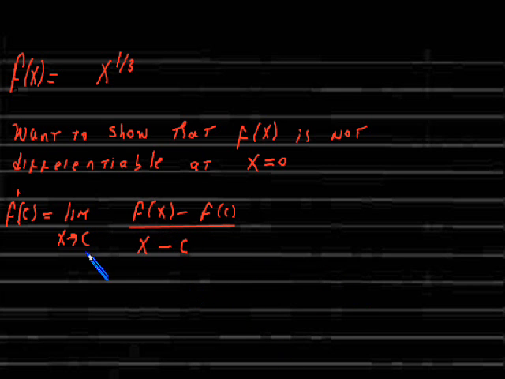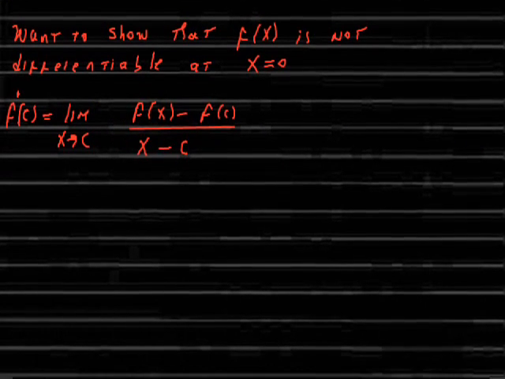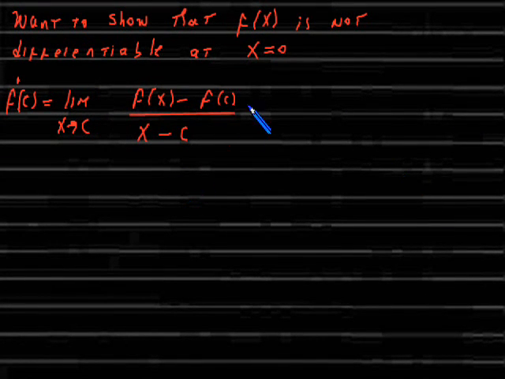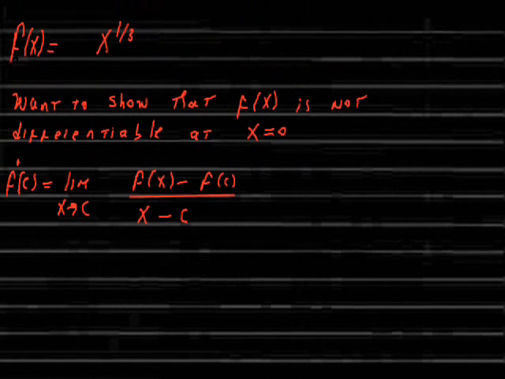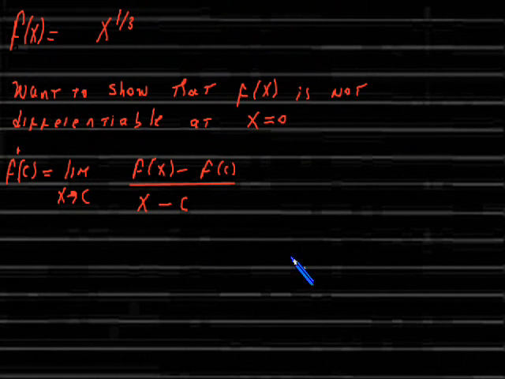This definition of the derivative of f of x at x equals c is the same as the other definition we gave. So my function, of course, is x to the 1/3. Let me begin.